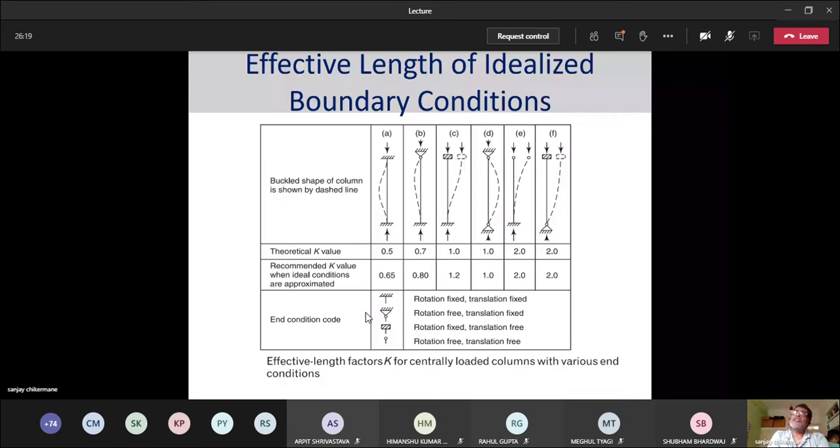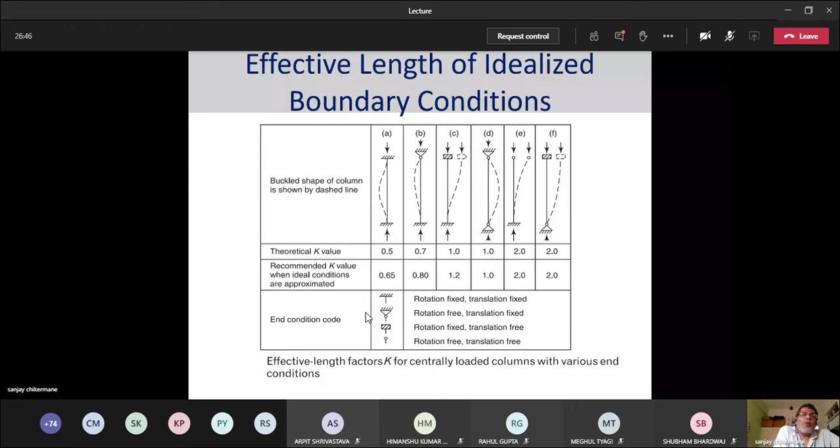Another way is to generate an intermediate restraint, which is not really a support but some kind of holding system together, like bracings. We'll take a look at a few bracing systems to see how the effective length is affected. But in this figure, you can see that adding a bracing is reducing your effective length.